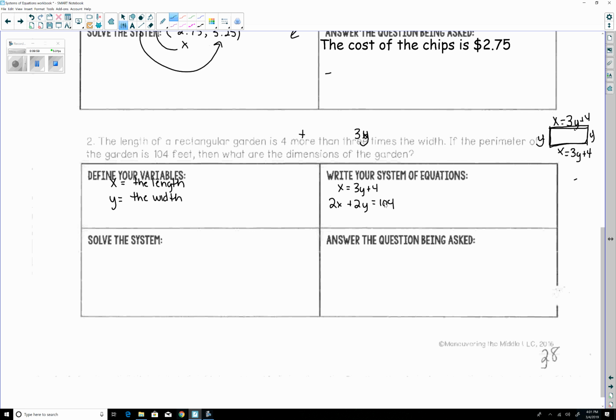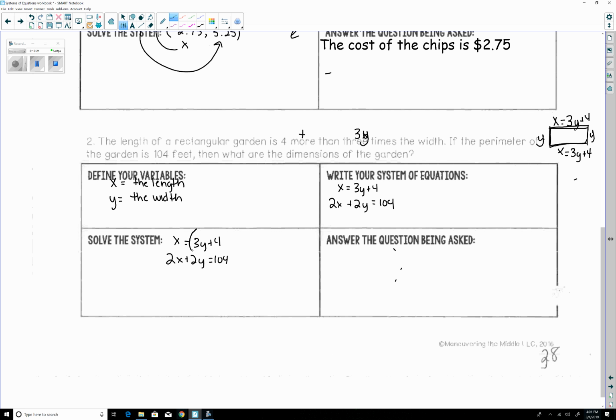Okay? So now I have one of the equations solved for x and not the other one. I'm going to solve it in the right spot this time. So I've got my x equals 3y plus 4, and I've got 2x plus 2y equals 104.